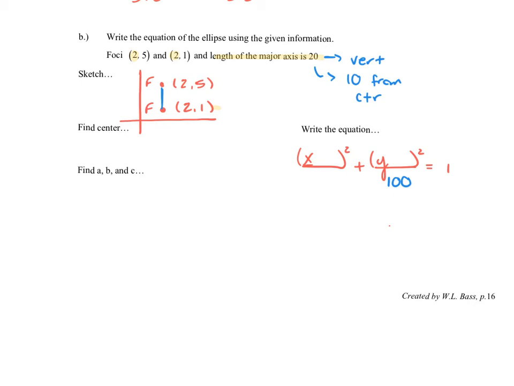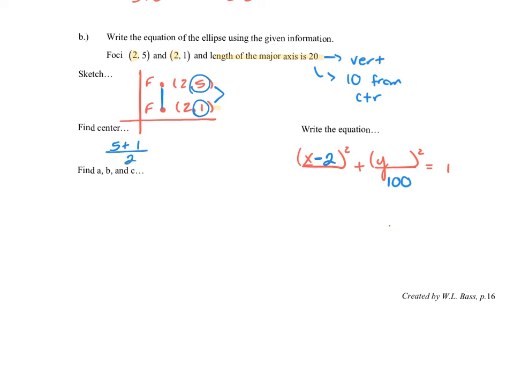Now, the next thing that we're going to do is find the center. From this information right now, I can already tell you that the x coordinate of the center has to be 2, because the center has to be along this line. So I can fill that into my equation as well. I do still need the y coordinate, and I know that it's going to be halfway between those two foci. So I'm going to look at these two y coordinates, and you can either count them, but algebraically what we're doing is finding their midpoint, so we're averaging them.